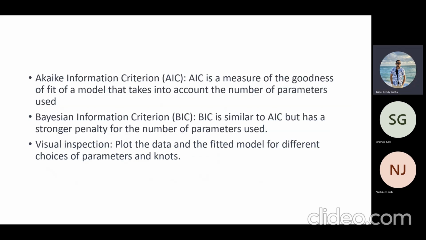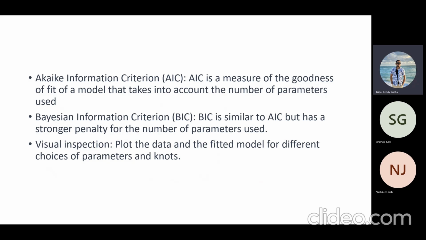The second one is the Akaike information criterion. AIC is a measure of the goodness of fit of the model that takes into account the number of parameters used. The Bayesian information criterion (BIC) is similar to AIC but has a stronger penalty for the number of parameters used.